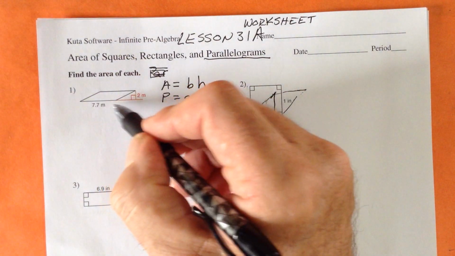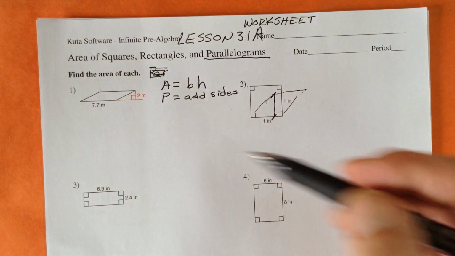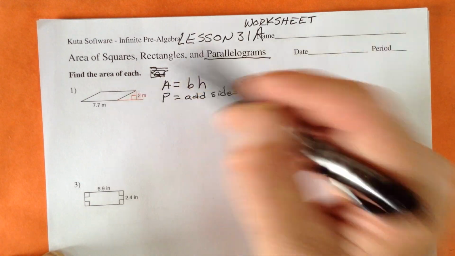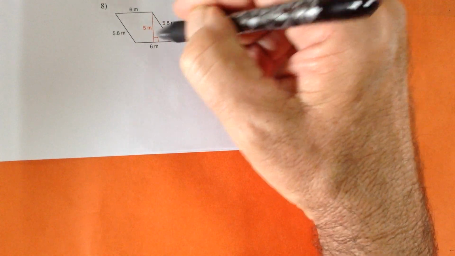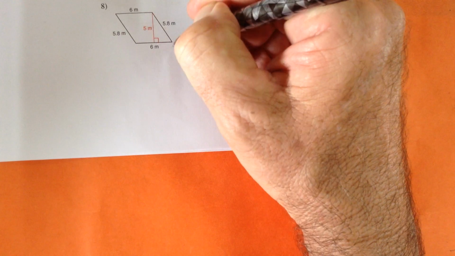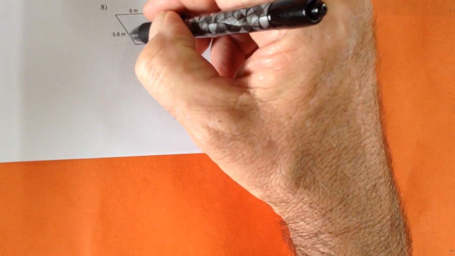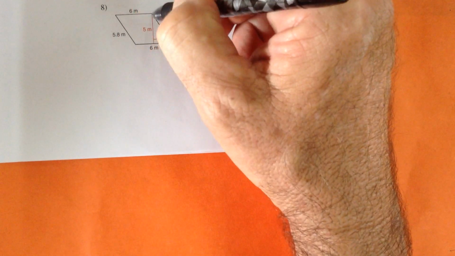Sometimes they show the height on the side, and down here in number 8, they show the height inside, rather than out here. The numbers for the length of the lines are for the perimeter, but you need to know the height in order to find the area.